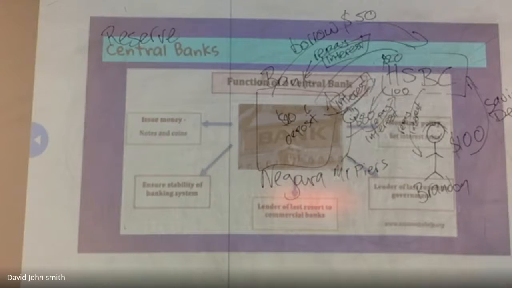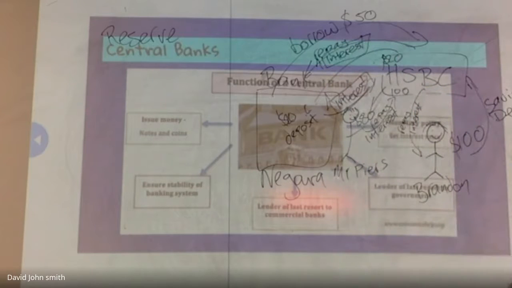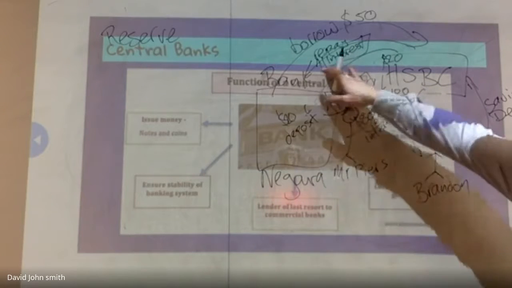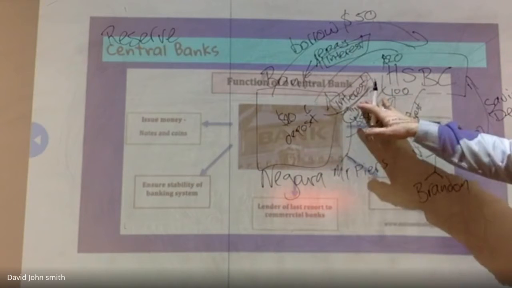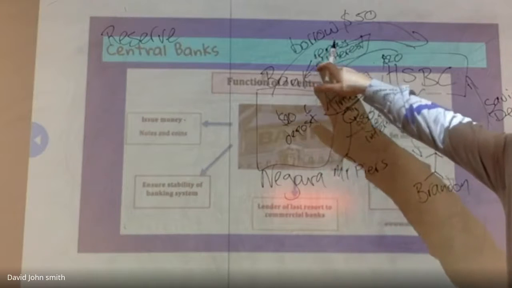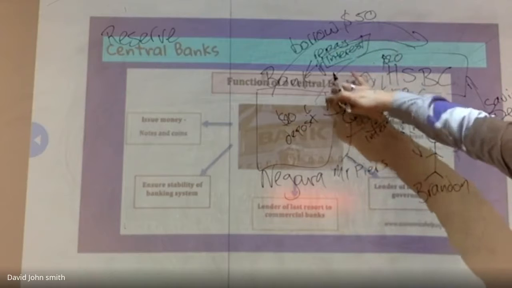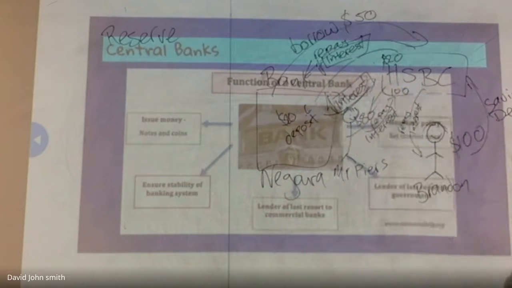If Bank Negara want to punish banks for borrowing money, they can simply increase the interest rate. We don't want you to borrow money, we want you to save the money. But if Bank Negara instead want more money in the economy, they can decrease that interest rate.